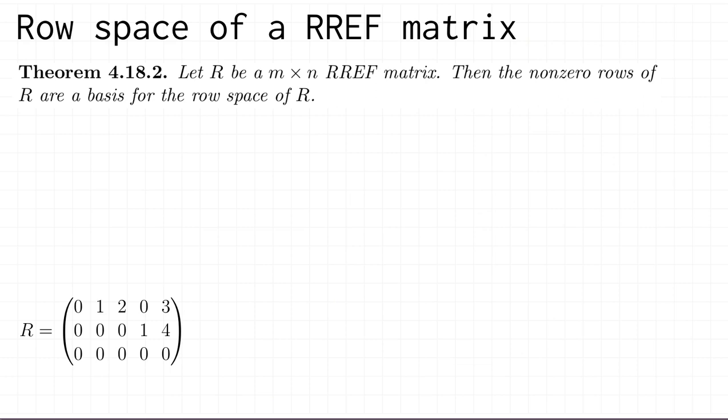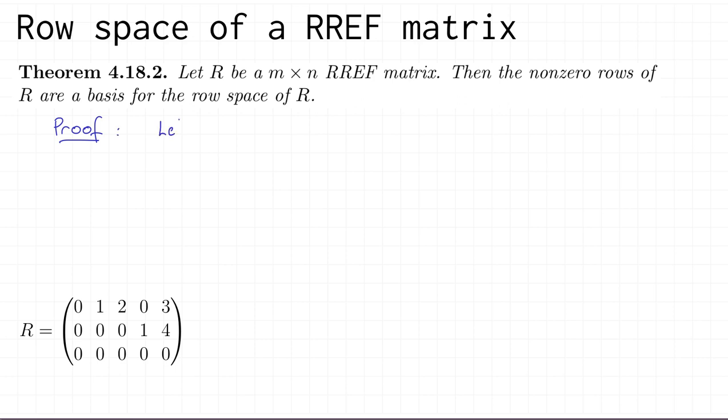So let's look at why it is easy to find a basis for the row space of a row-reduced echelon form matrix. What I claim in this theorem is that if you've got an m by n row-reduced echelon form matrix, then the non-zero rows of that matrix are actually a basis for the row space. Proof. This is just like the easy linear independence criterion which we met before.